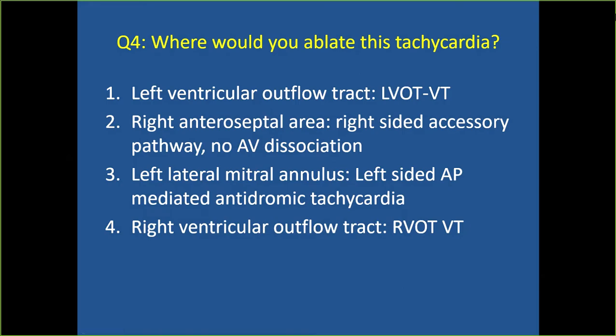Because AV dissociation is not seen. Is it a left lateral mitral annulus? You ablate there because it is right-sided accessory pathway mediated antidromic tachycardia? Or is it a right ventricular outflow tract, RVOT? Where do you ablate? AVOT, right paraseptal area, RVOT, or left lateral mitral annulus?